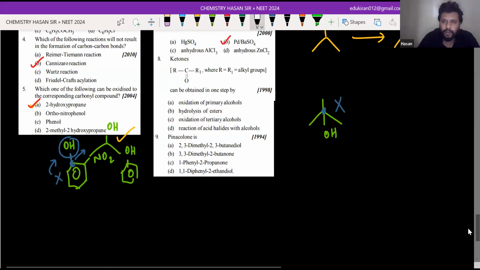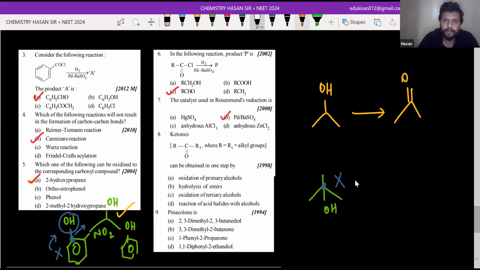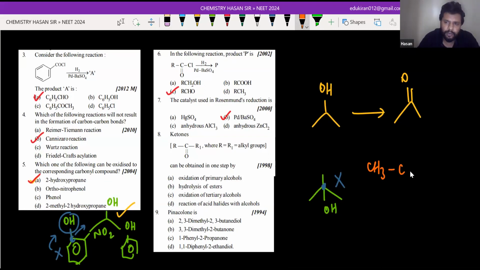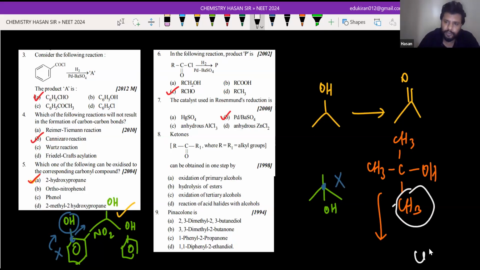Tertiary alcohol, if we are going to take tertiary alcohol, let's say this is your tertiary alcohol, OH, CH3, CH3. If you want to oxidize this, you need a very strong oxidizing agent with extreme conditions, like very high temperature. Then this will be converted into ketone. This whole quantity will be oxidized into CO2.